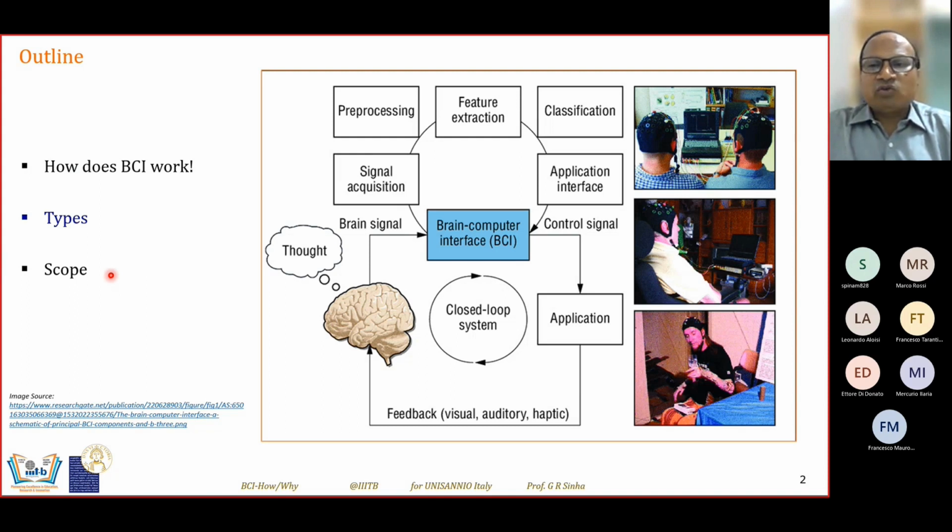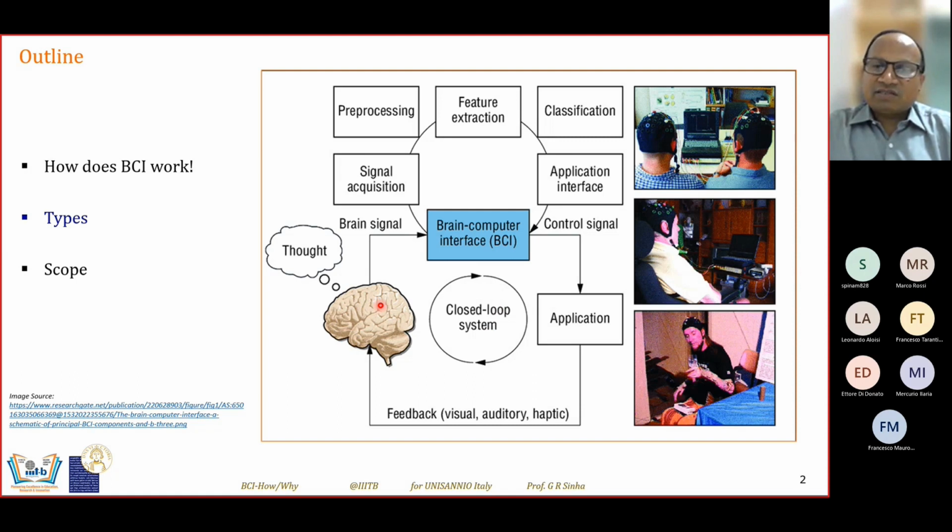In this slide you can see one interesting picture where, as I mentioned earlier, brain computer interface may work in a closed loop. It may not, but it may. It's possible that we are receiving the signal from the brain and the signal is decoded.